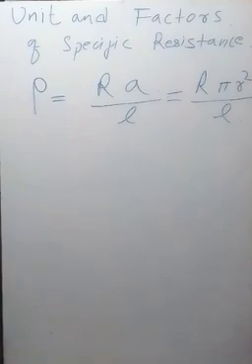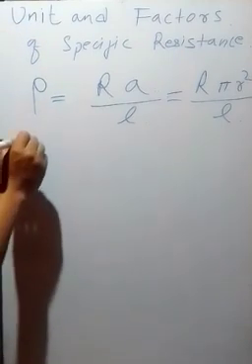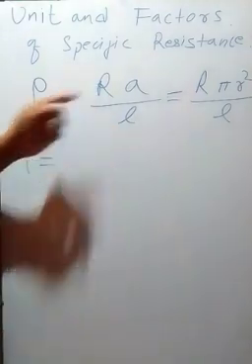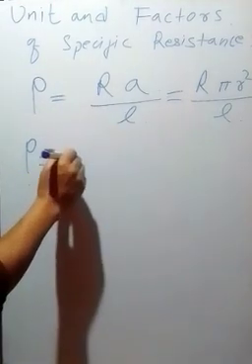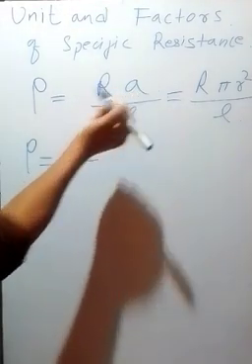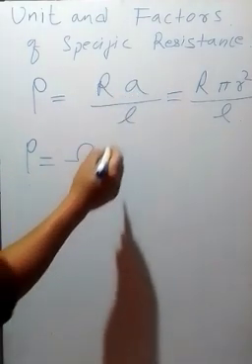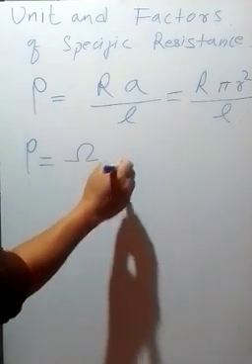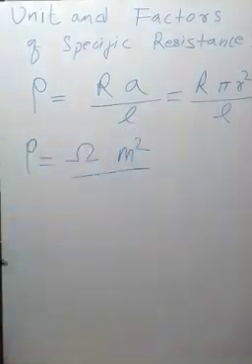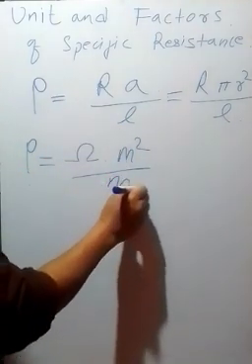Great. Now the unit. If you see this formula, R is resistance, known by this symbol which is called ohm, and A is the area. So in the SI system, the unit of area is meter squared, divided by length, and the unit of length is meter in the SI system.